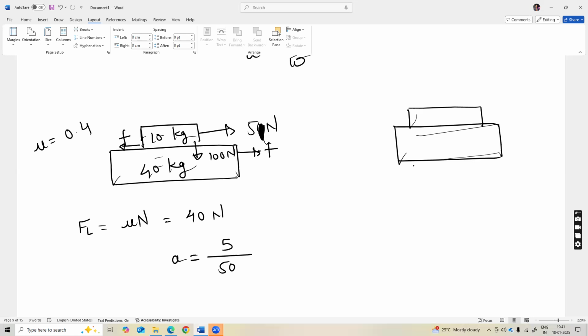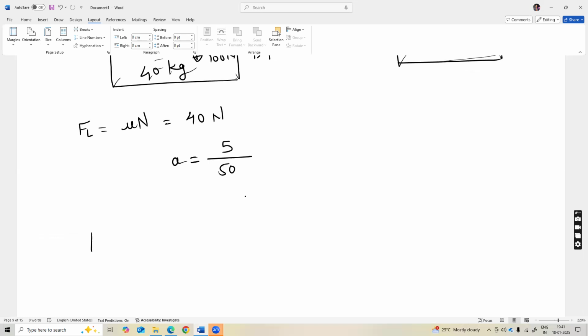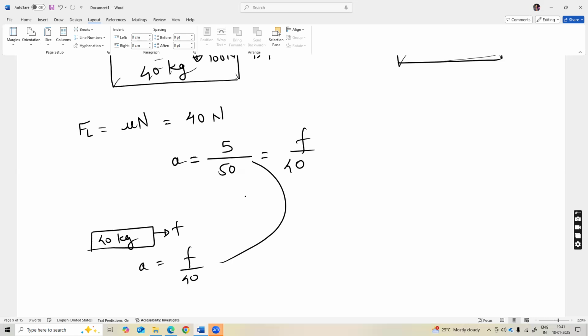And you can consider this 40 kg block separately. Then the applied force on the 40 kg block is F and its mass is 40 kg. So its acceleration is F upon 40. And since both are moving at the same acceleration, 5 by 50 is equal to F upon 40.